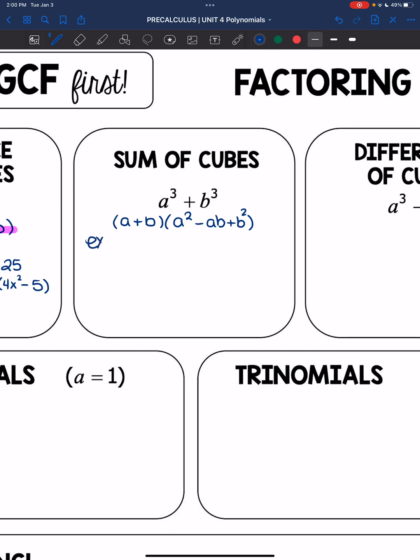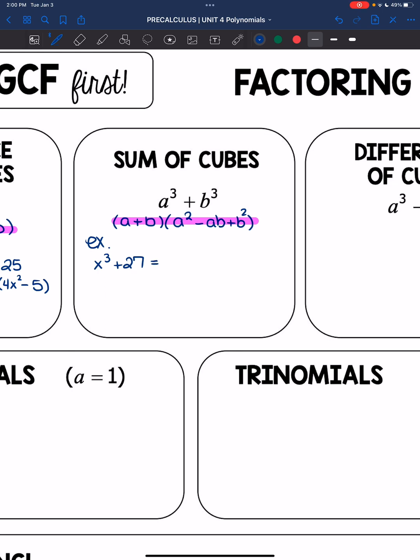So let's look at an example here. Make sure that we get this highlighted. All right, and an example. We could have the example x cubed plus 27. This is a sum of cubes because x cubed is a cubic term and 27 is a cubic term.